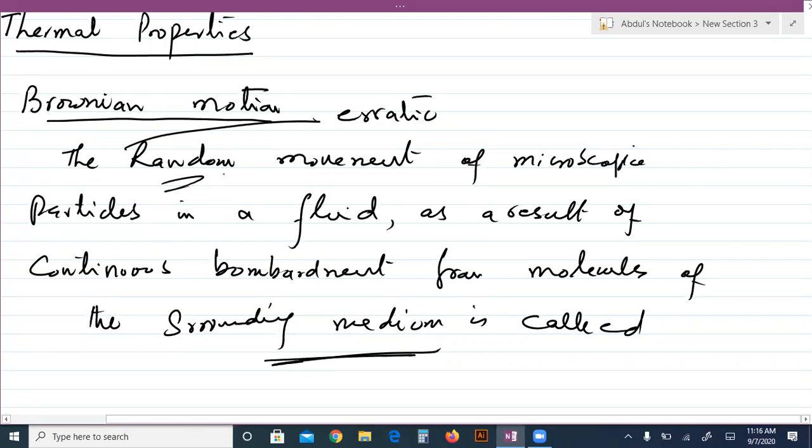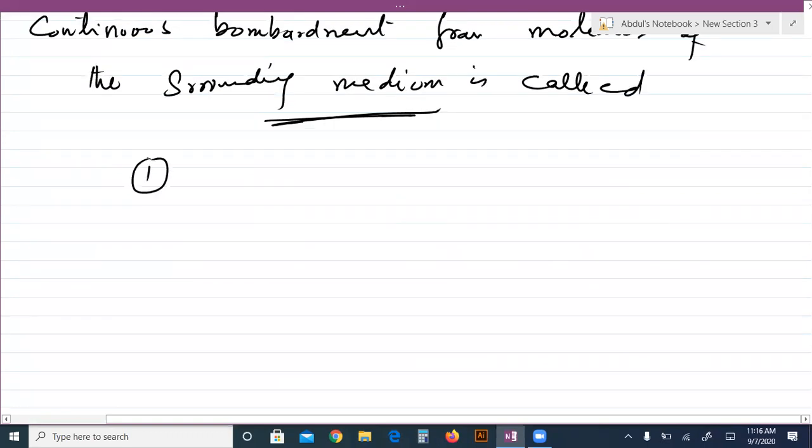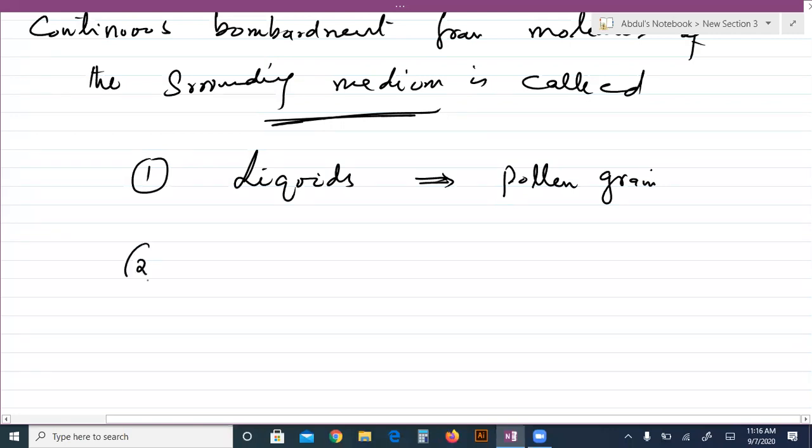Now, in Brownian motion, for liquids, we will use pollen grains to make this motion visible. And number two, in air, in gases, we will use smoke particles to make the movement of the air visible, right?